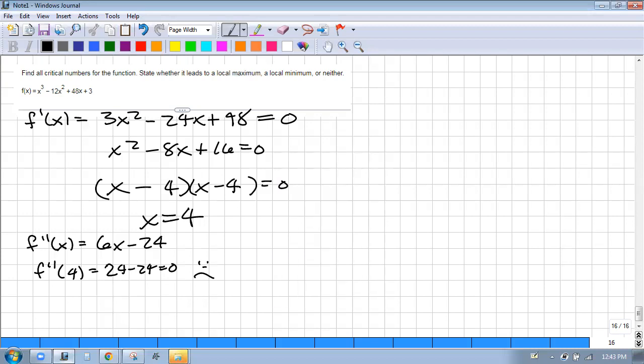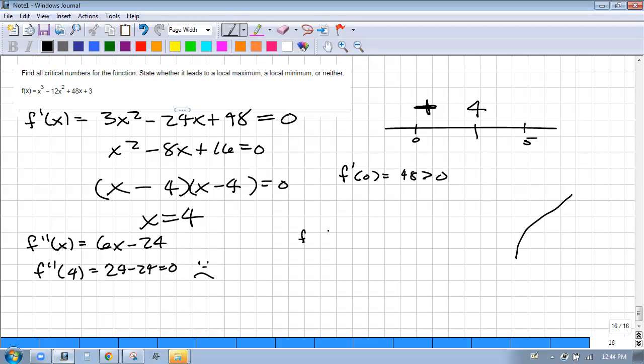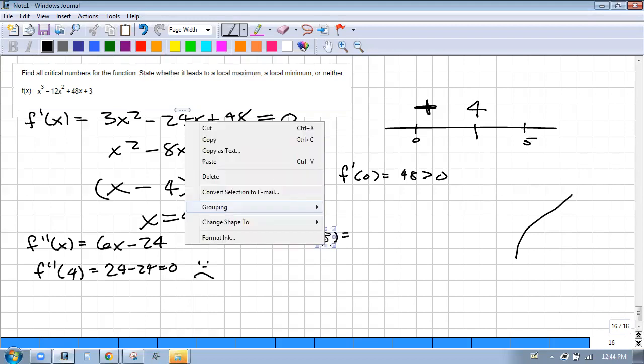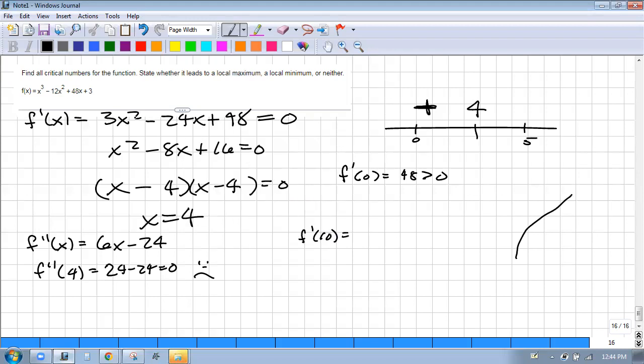So let's do, here's 4, right? So let's test like 0 in our first derivative. So f prime of 0 would be 48, which is positive. That means our function's increasing. And let's pick out maybe like 5. F prime at 5. Let's see. Now let's do 10. 10's an easier number. 10 squared is 100 times 3.